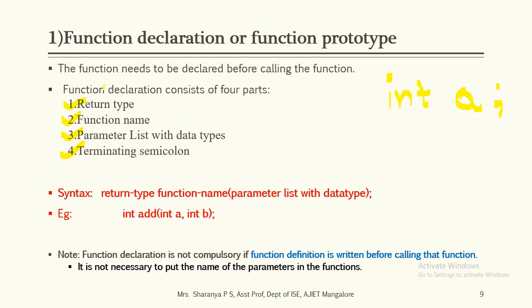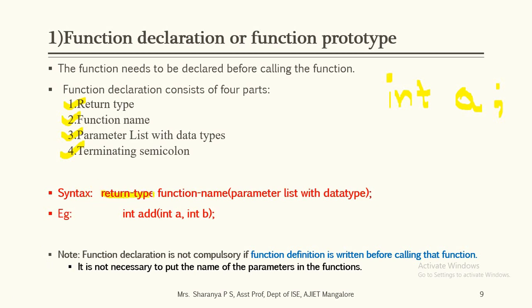In simple terms, this function declaration is similar to the variable declaration that we do in the program. But the variable declaration we do inside main, whereas this function declaration needs to be done outside main. Now let us look into the syntax, how we write this function declaration.